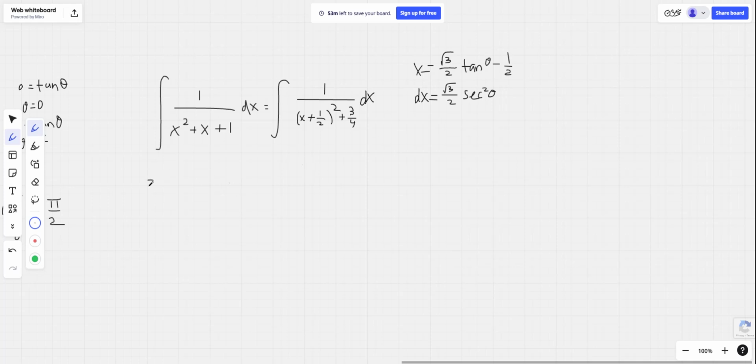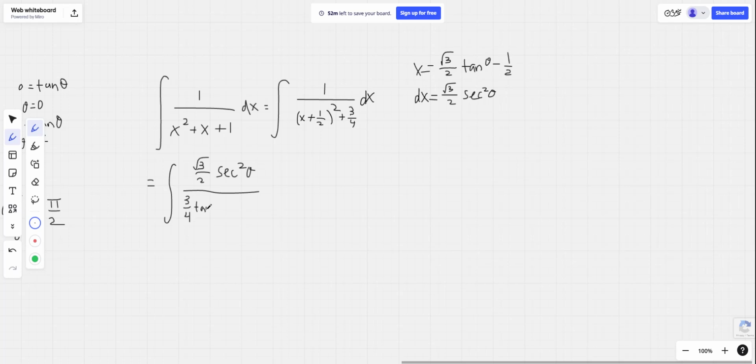So let's see what we have here. On the top we have √3 over 2 secant theta squared. On the bottom, so x plus 1/2, that's just √3 over 2 tangent theta, and the whole thing squared, so we have to square both things. So the √3 over 2 squared becomes 3/4.